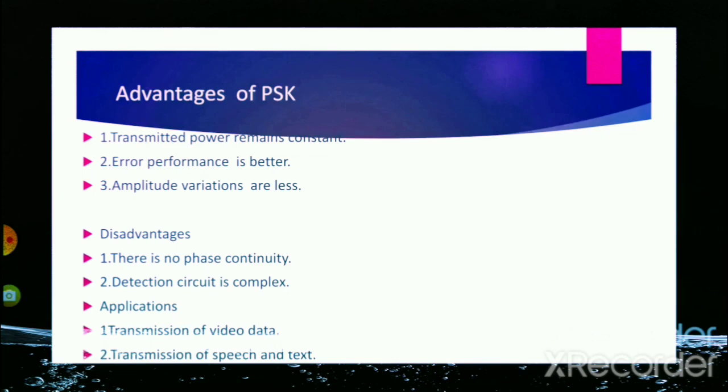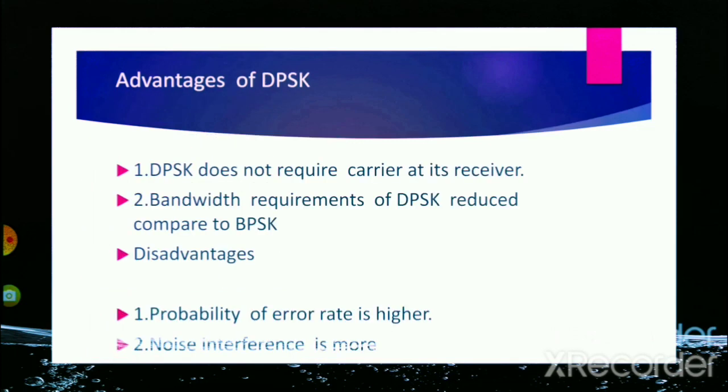Advantages of PSK: transmitted power remains constant, error performance is better, and amplitude variations are less. Disadvantages: there is no phase continuity and the detection circuit is complex. Applications: transmission of video data, and transmission of speech and text.